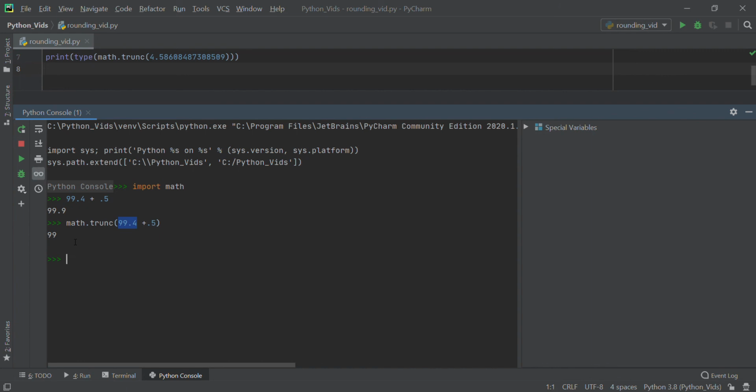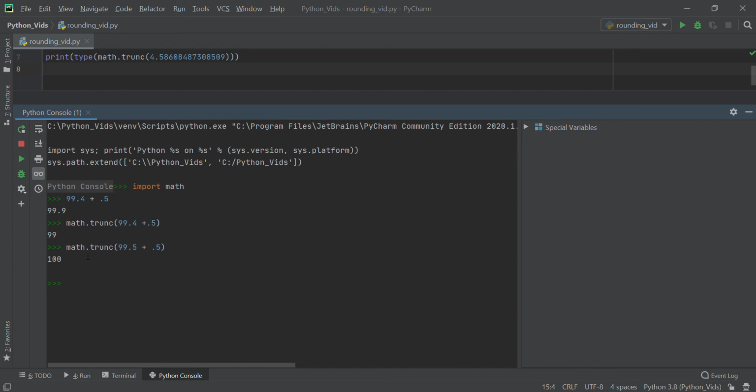And if we do math.trunc of 99.5 plus 0.5, okay, what's this saying? This is saying, hey, take 99.5, add 0.5 to it, then truncate it. Well, 99.5 plus 0.5 is already going to be 100, and so we'll truncate it, and it'll be 100.